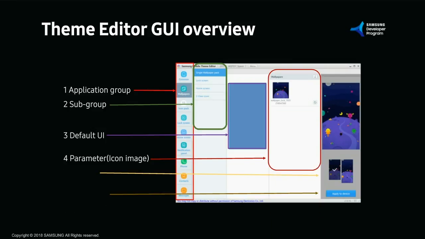In the parameters, this is the area where you can drag and drop images. You can change the color of specific text. You can also drag and drop, include video, animation, etc. Once you're finished with your theme and you think you're pretty comfortable, you can use the preview window to prototype your design.